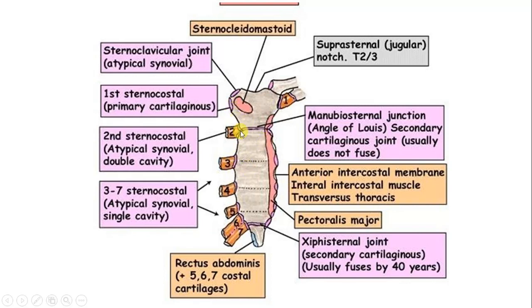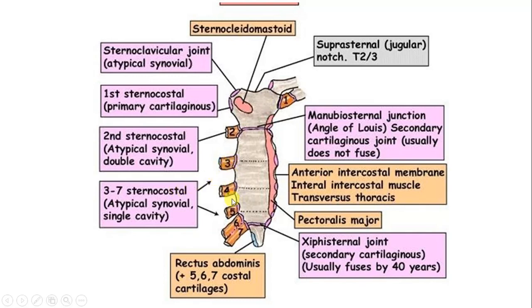The other joint, of the second rib with the sternum, is atypical synovial because it has two cavities, one above with the manubrium, the other below with the body of the sternum. So that's why it's a synovial joint. It's not a cartilaginous joint. A little bit of movement can occur here also.